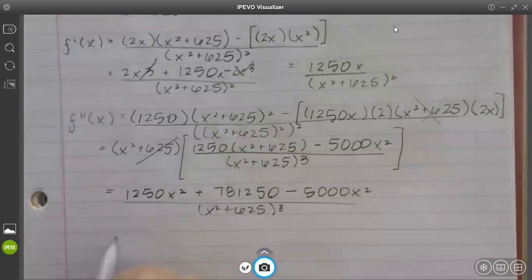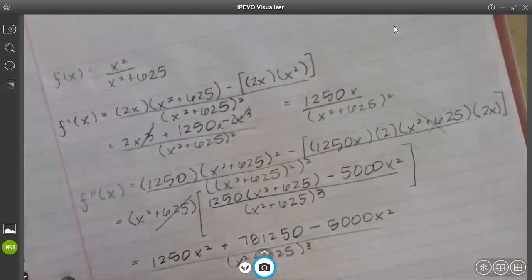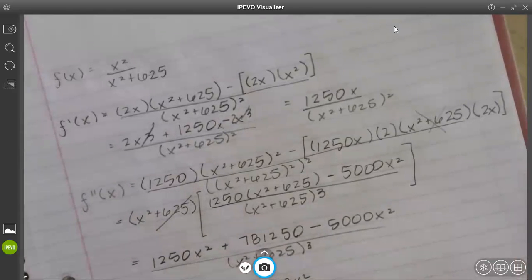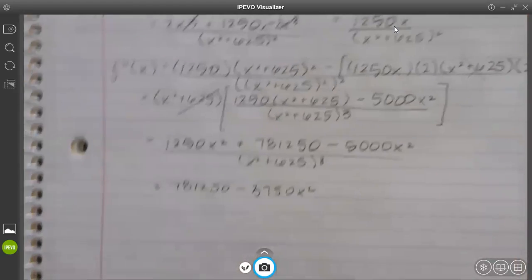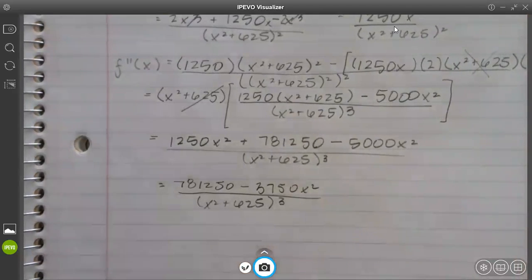What do I do now? We get 781250 minus 3750 x squared over x squared plus 625 cubed.